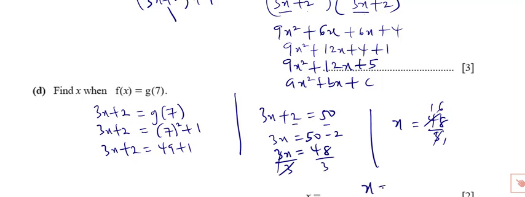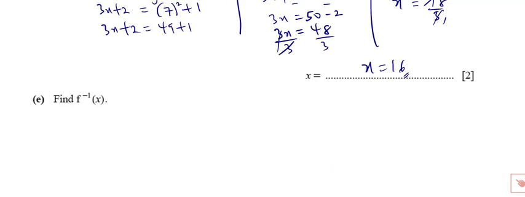So our x equals 16. x equals 16 when f of x equals g of 7. All right, we are almost through with the question, not that hard.